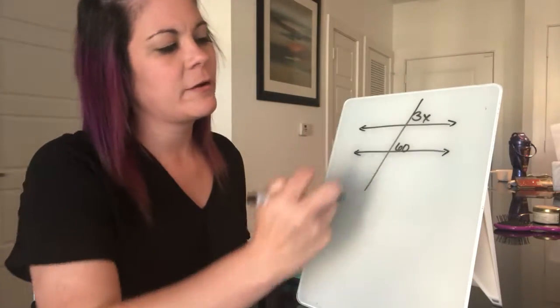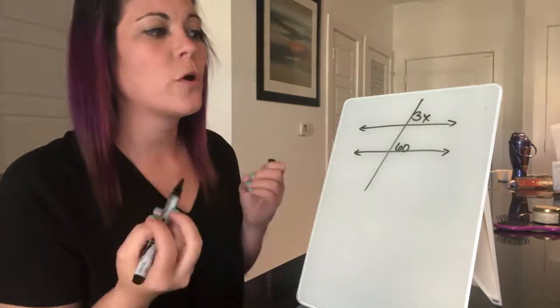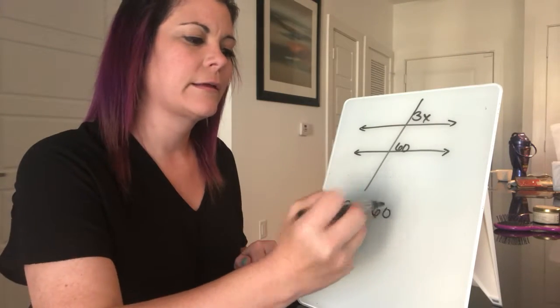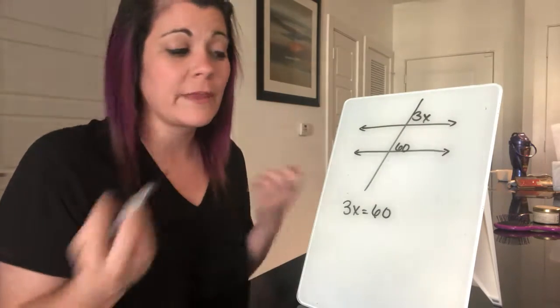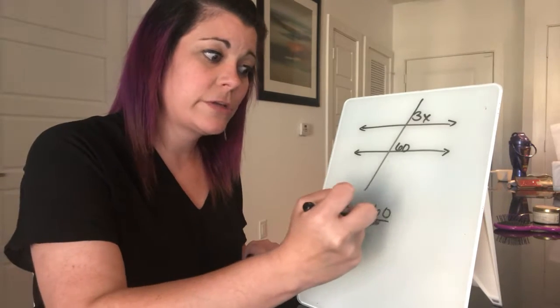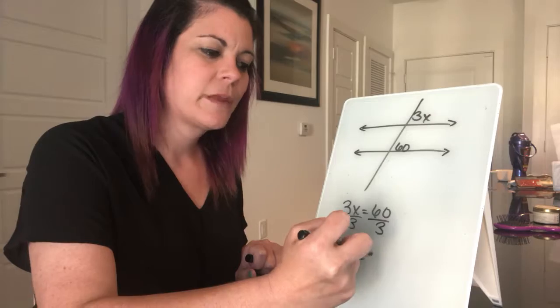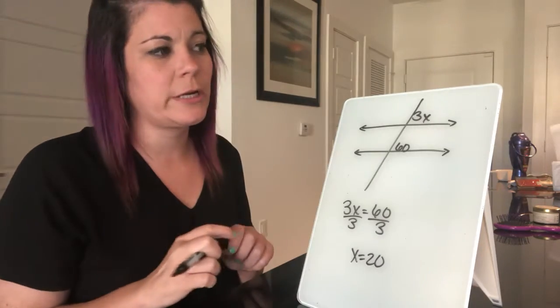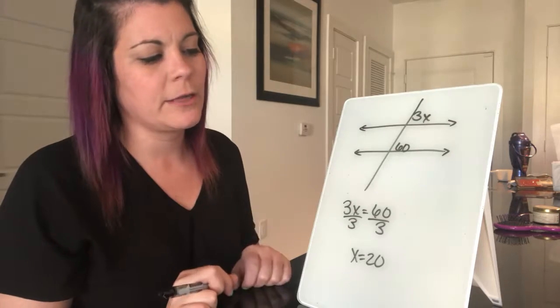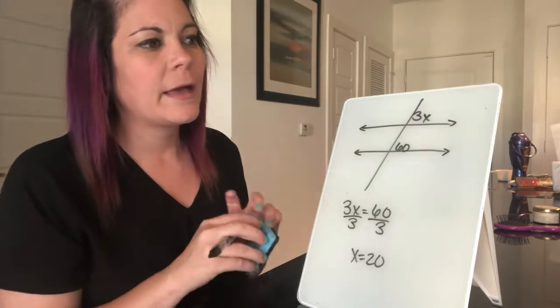These type of angles are corresponding, and we know that corresponding angles are congruent. So all I have to do is 3x is equal to 60, and then we use our equations. If you don't know equations, go and watch that video. So x is going to be 20 degrees, or 20. That angle is going to be 60 degrees, but x is going to be 20.